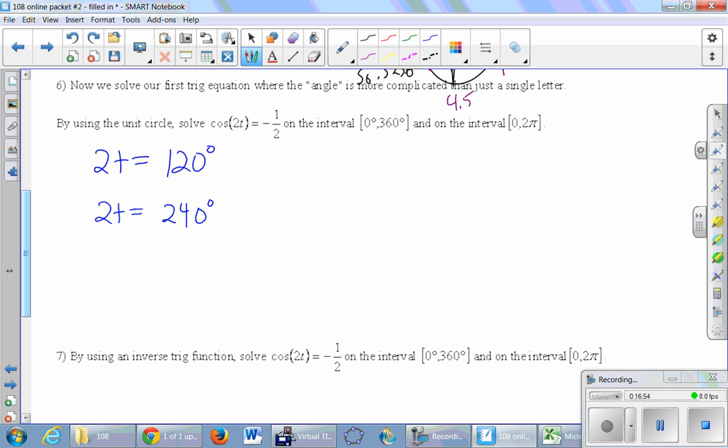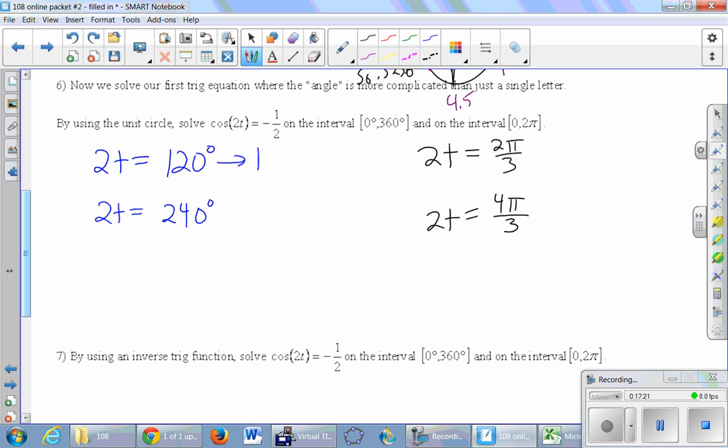And then I'll do the same thing over here in another color for the radian version of things. You just have to replace, instead of 120, what is that, 2 pi over 3? And then down here, 4 pi over 3. And so the last step for each of these is to solve for t. And so we divide every one of these angles by what?